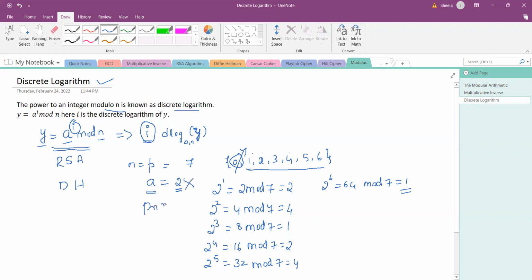A primitive root has to generate all the elements in the set.